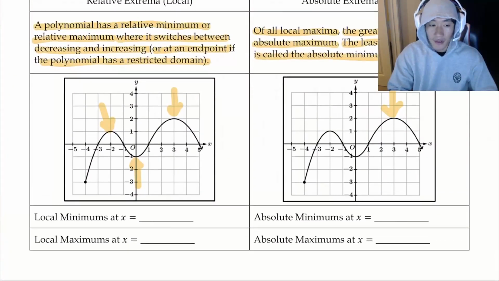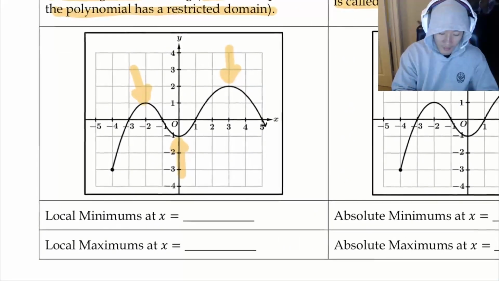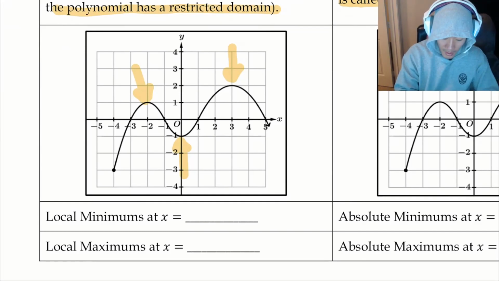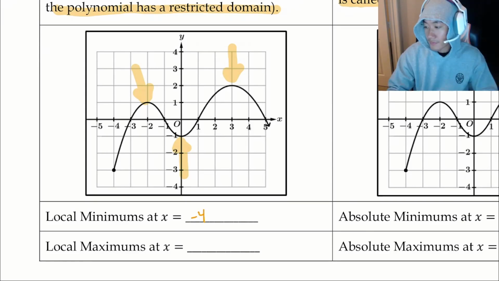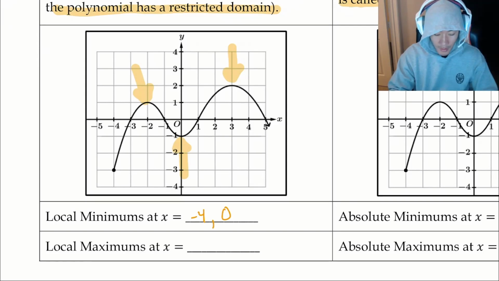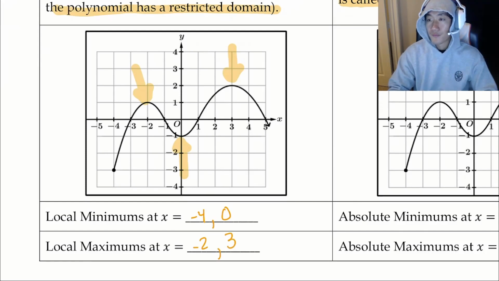With that being said, I think I've answered these kind of naturally here by accident. Over here, I have a few local minimums, right? I have one at x equals -4, and then at 0. And as far as my local maximums, I have them at x equals -2 and 3.